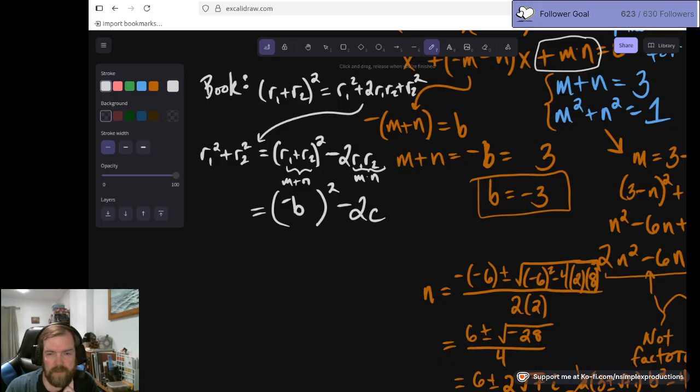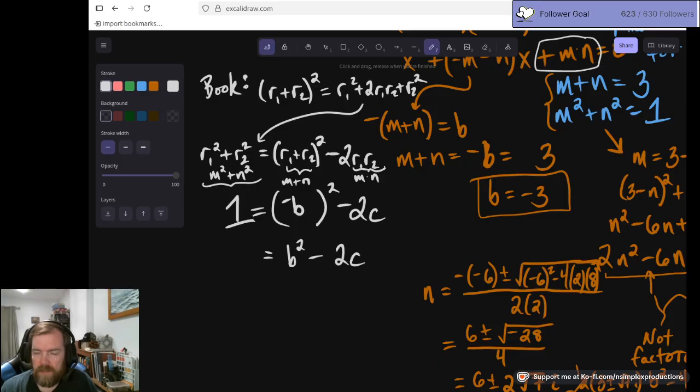Right, is equal to r1 squared plus, well, this is again m squared plus n squared, which we said, well, the sum of that stuff was just 1 from the beginning, right? And then this is going to be b squared minus 2c is equal to 1. We know that b was negative 3, so negative 3 squared minus 2c, c, not 9.